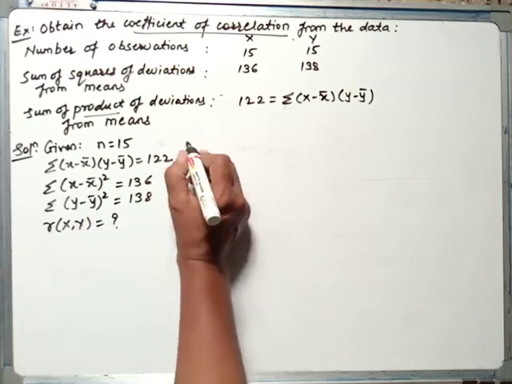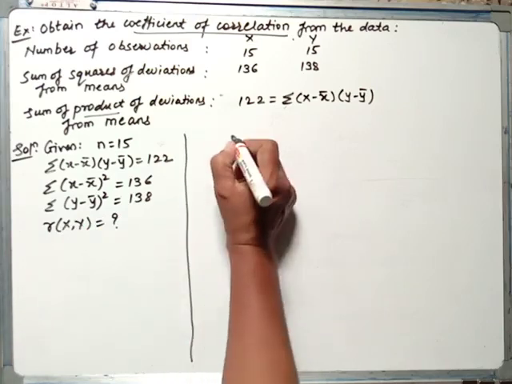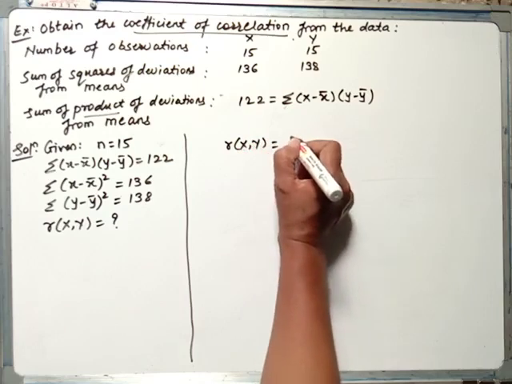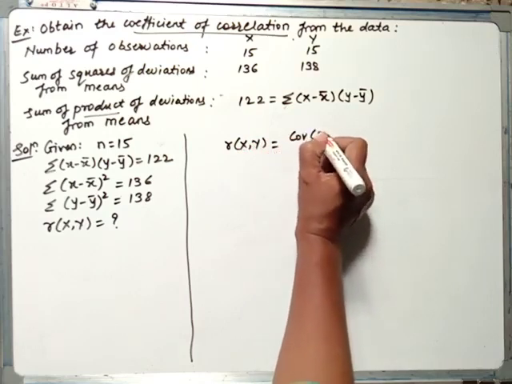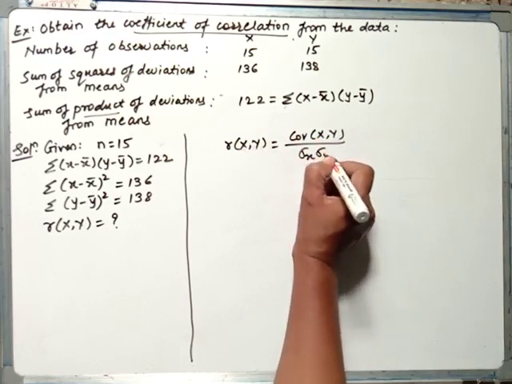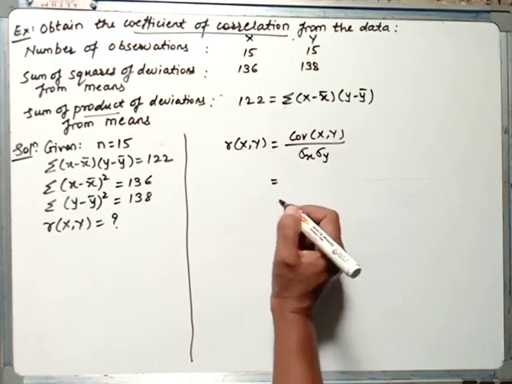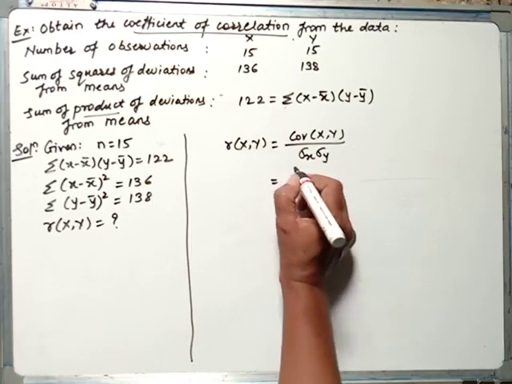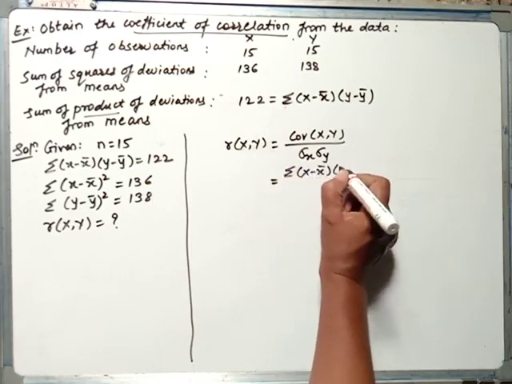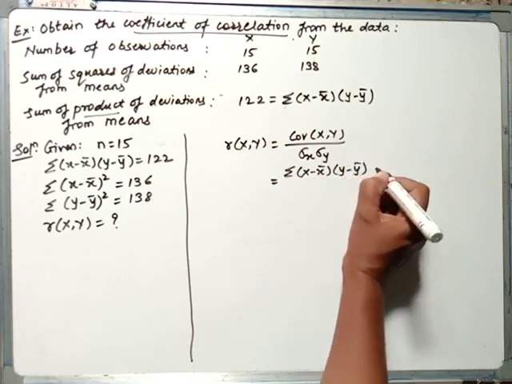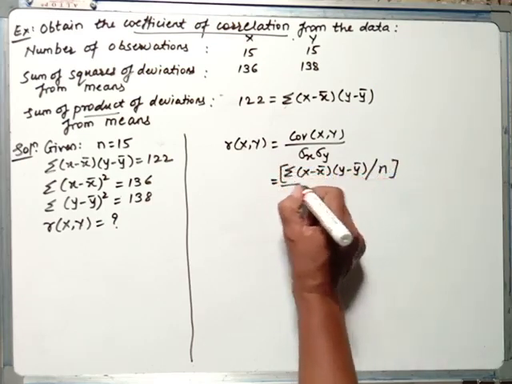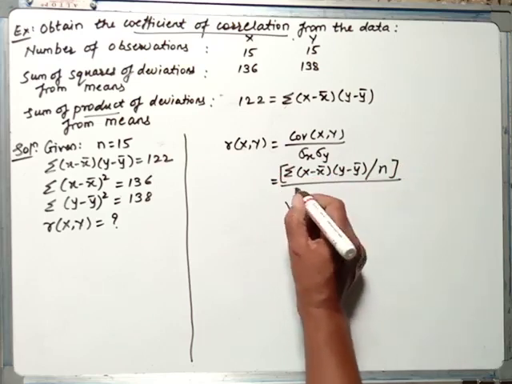So now we have a result. Coefficient of correlation is what? Covariance between x and y upon sigma x into sigma y. Let's go with the definition here. It is summation x minus x bar, y minus y bar, upon n. This is covariance. And what about sigma?